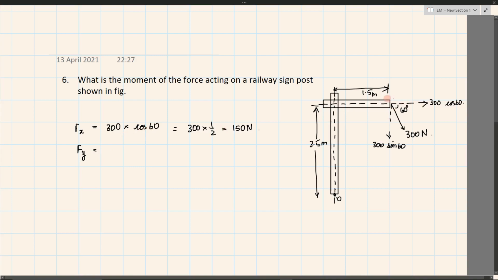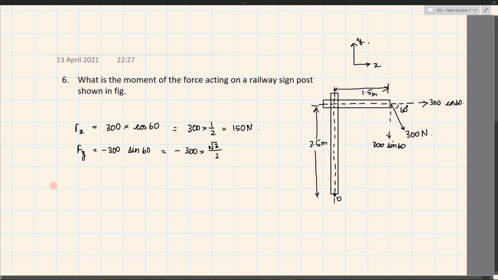If this is my coordinate system x and y, this is in the negative y, so we'll have minus 300 sine 60. So this is nothing but minus 300 into root 3 by 2.